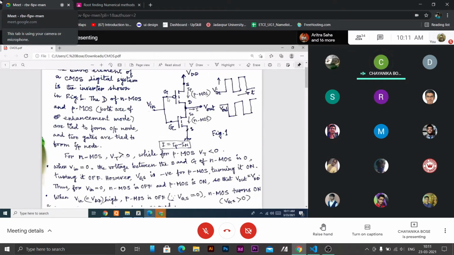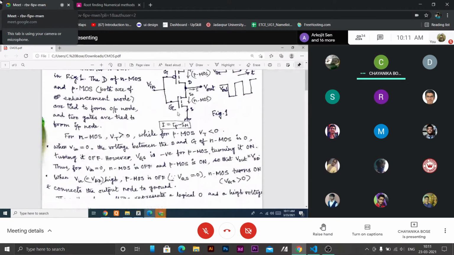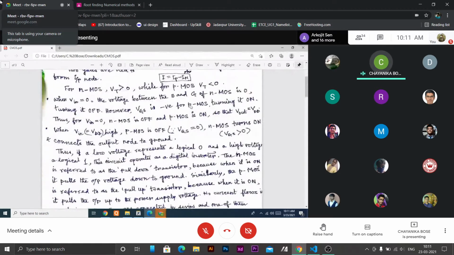We know that ধরো আমি লজিক্যাল অপারেশনের জন্য say a low voltage represents a logical 0 and a high voltage represents a logical 1. Then this circuit operates as a digital inverter.